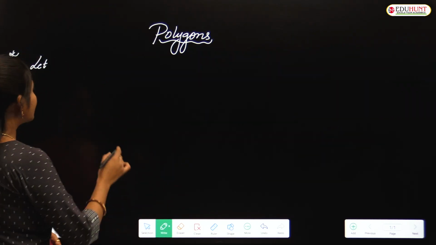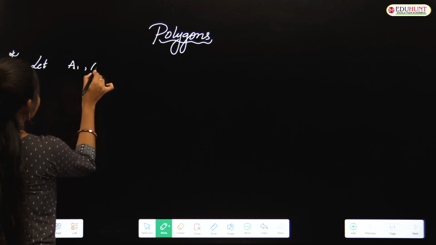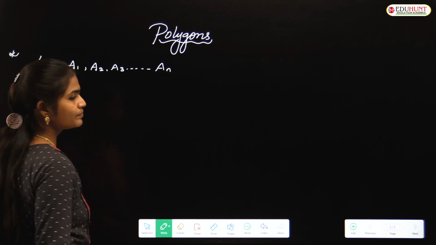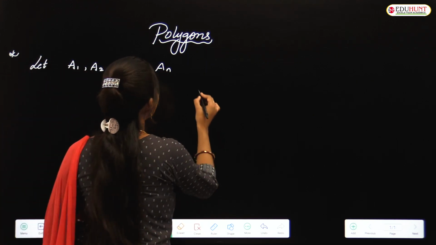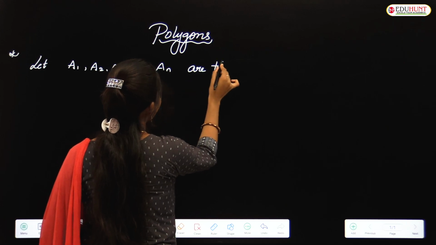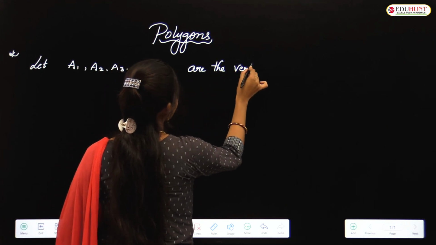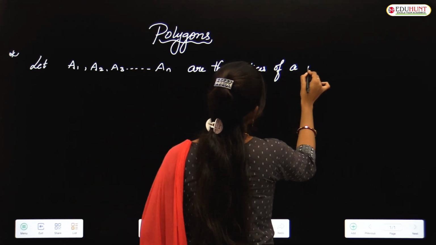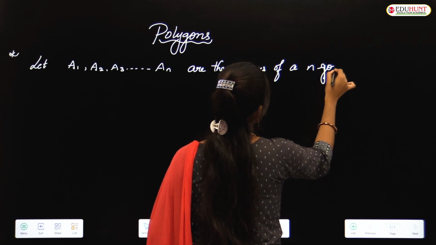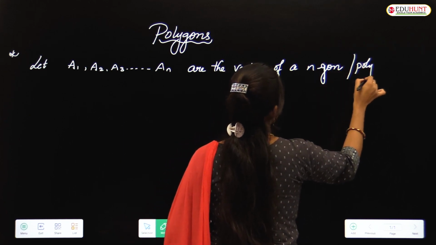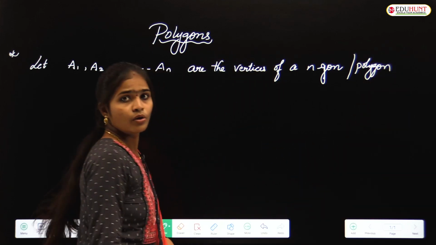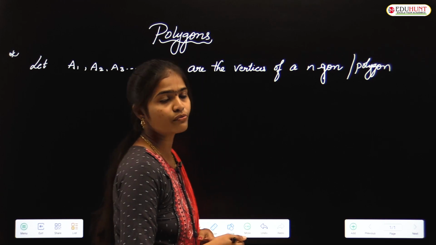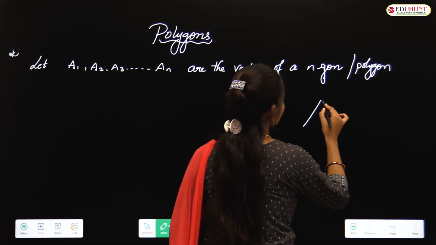Here I am going to take A1, A2, A3 and so on up to AN as the vertices of a polygon, or an n-gon.